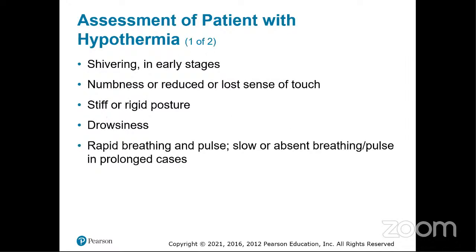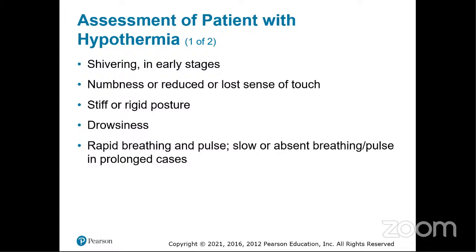So some signs that you're going to see with these patients: early stages is shivering. That's a good sign, right? The body's trying to create heat and energy through muscle contractions and that shivering. Then you're going to see the numbness or reduced sense of touch. And then you're going to go from there to kind of a stiff and rigid posture.